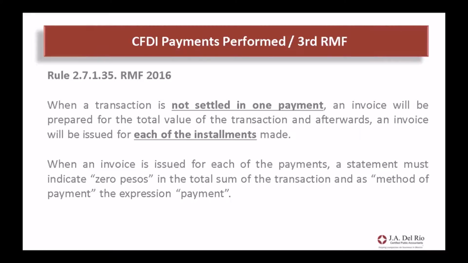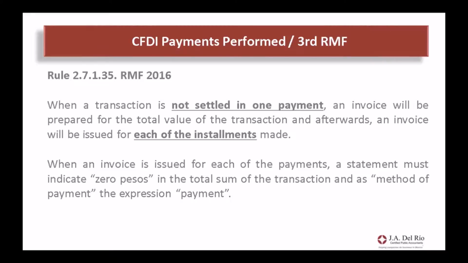Now, the second part of this screen is a new obligation, and it says, when an invoice is issued for each of the payments, a statement must indicate 0 pesos in the total amount of the transaction as method of payments with the expression payment.